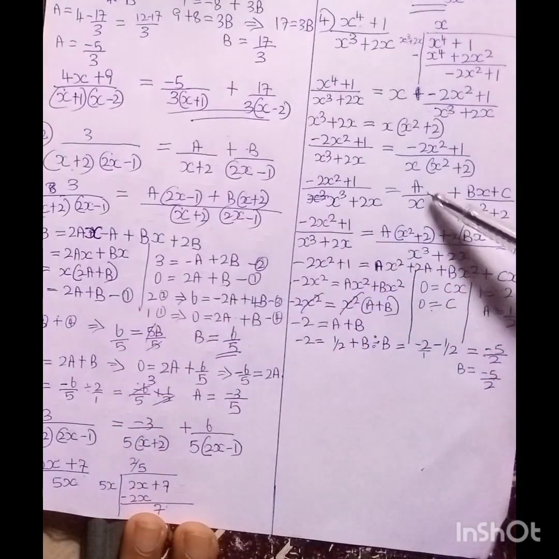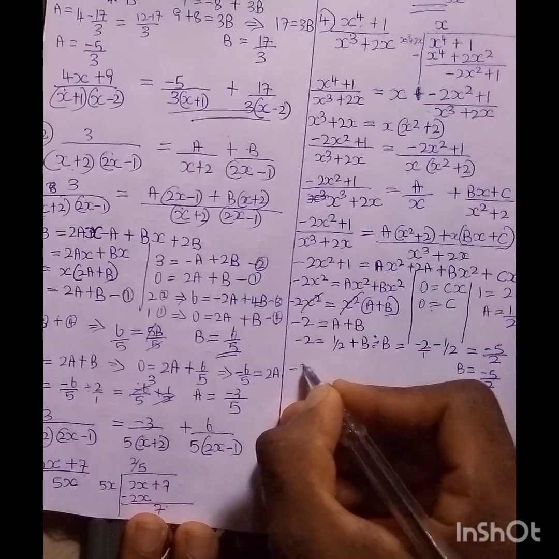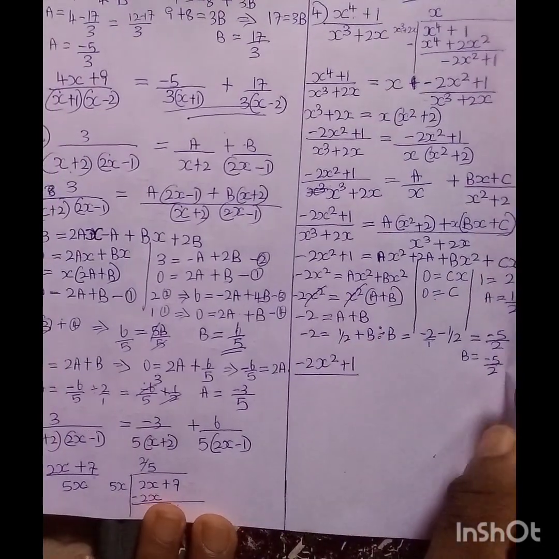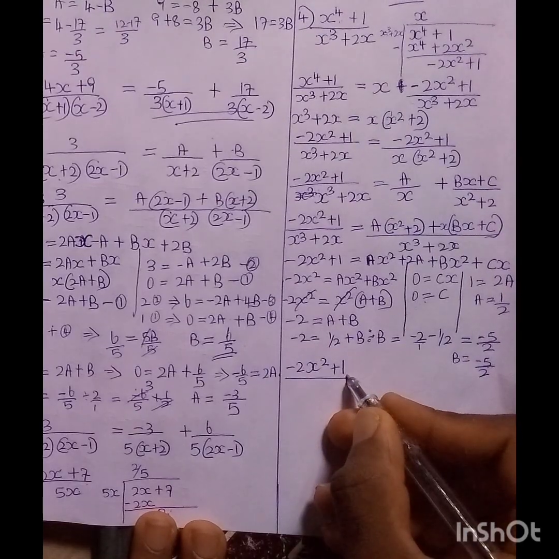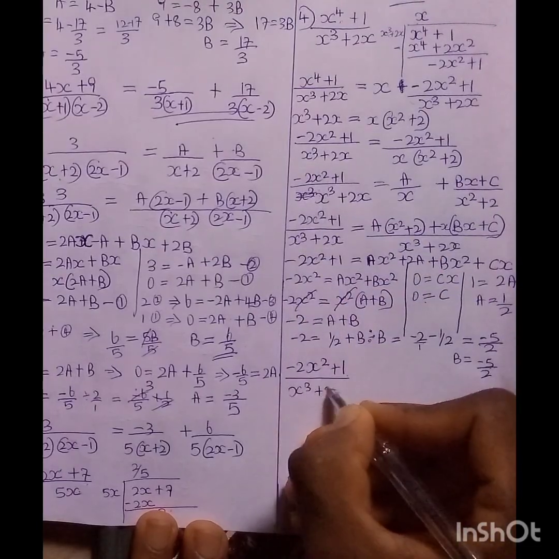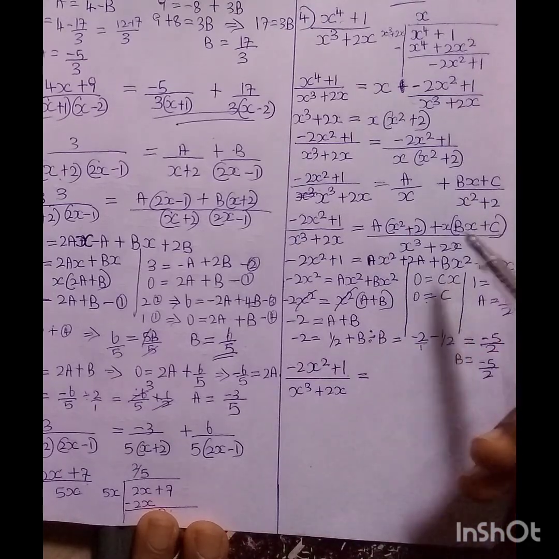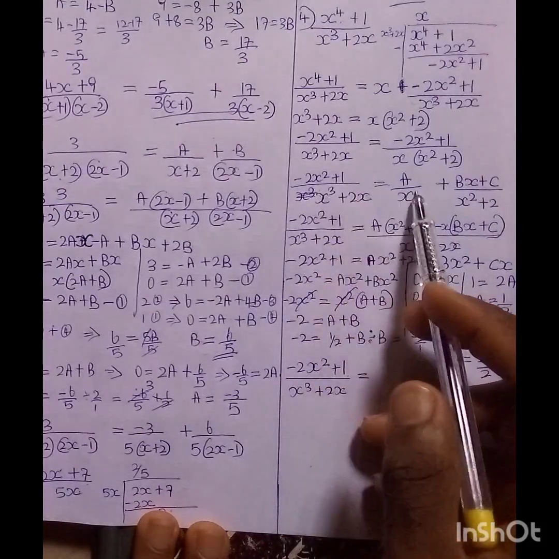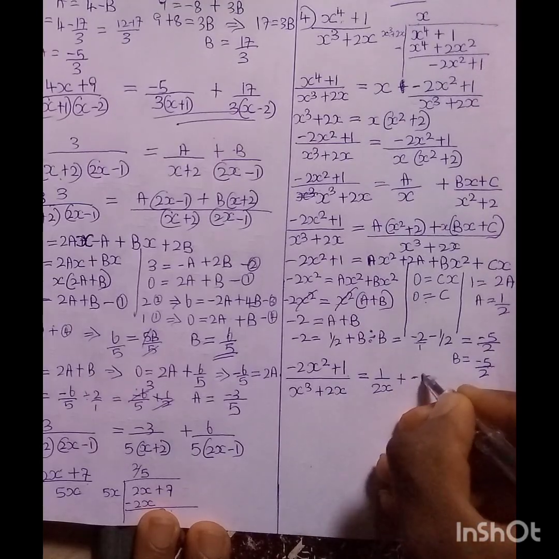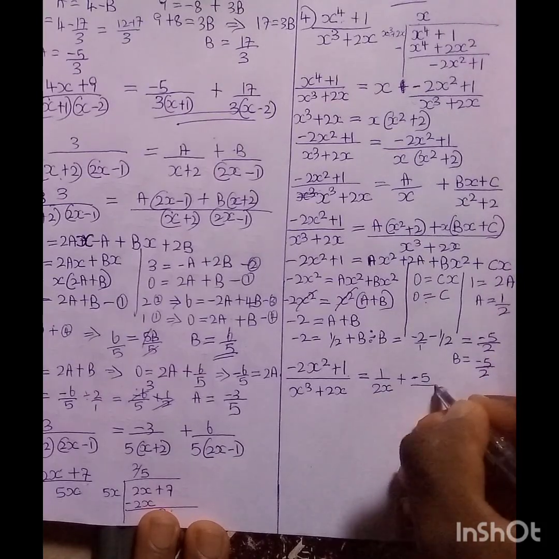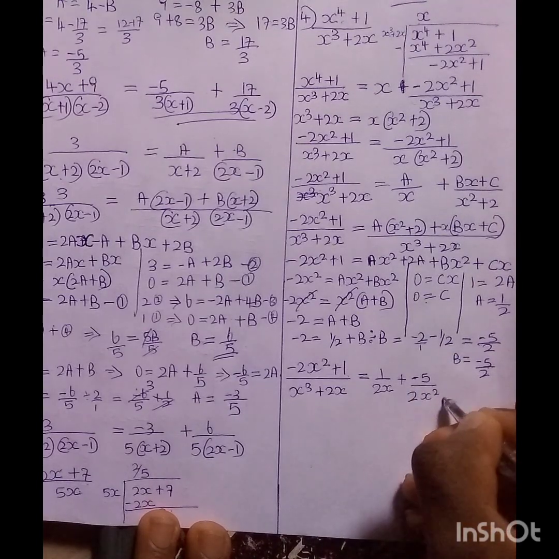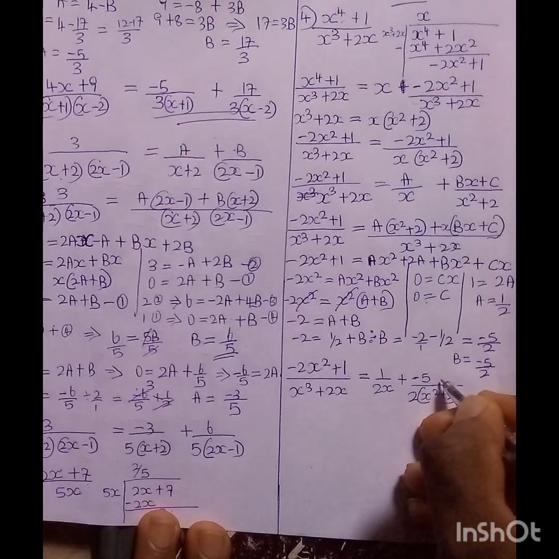So from here, where did we start? Okay, from here, minus 2x squared plus 1 over x cubed plus 2x is equal to a over x, and our a is 1 over 2x, plus our b is minus 5 over 2x squared plus 2, plus our c is 0.